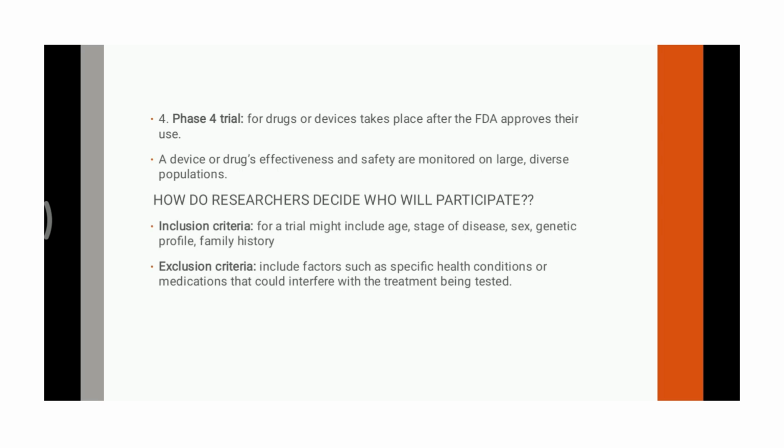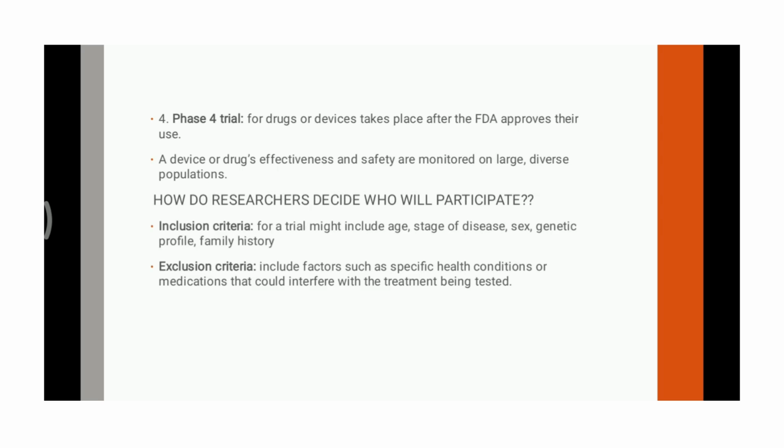The other one is exclusion criteria. So what is exclusion criteria? It includes factors such as specific health conditions or medications that could interfere with the treatment being tested. So researchers have to decide who will participate and who will not participate.